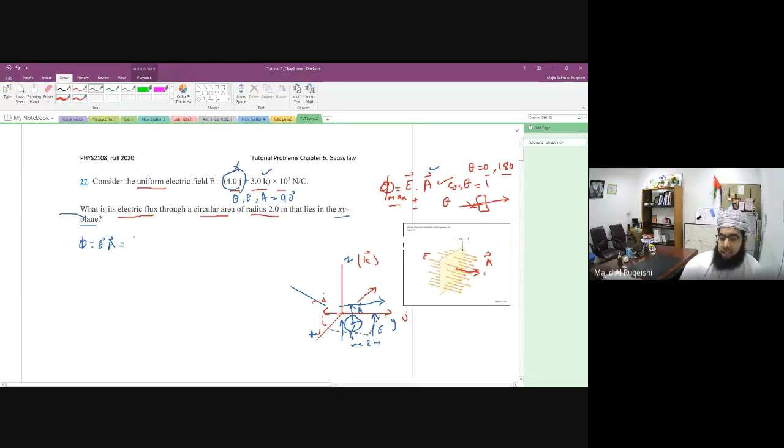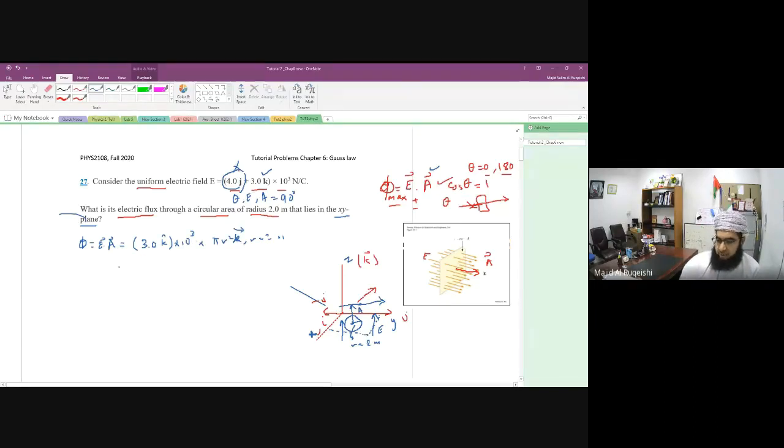Then we can say that we have only 3.0 in the K direction. Don't forget to multiply it by 10 to the power 3. This is multiplied by the area of the circle, which is pi r squared, and we know r equals 2 meters. Also this one has the direction. Don't forget that this is the K direction here, so both are in K direction.